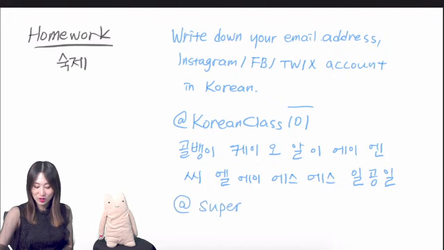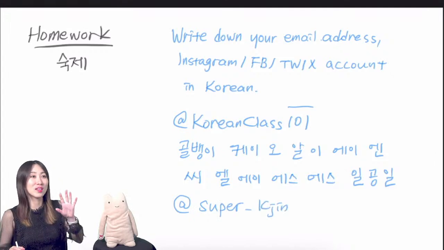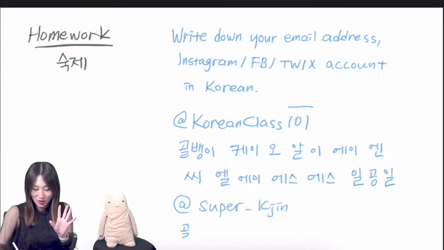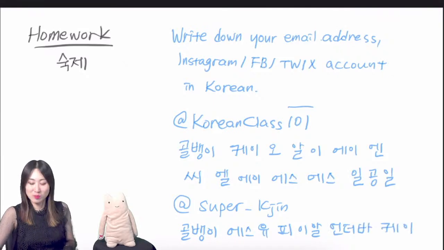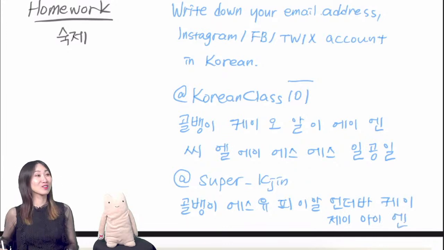Okay, or 짠, Super Cajun. This is my Instagram account, and if you want, you can tag me. If you don't tag me, I don't see it. So this is 골뱅이. Now you know 골뱅이. S U P E R underbar K J I N. Wow, we practiced a lot today.